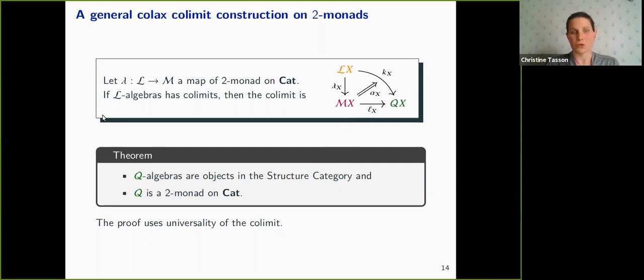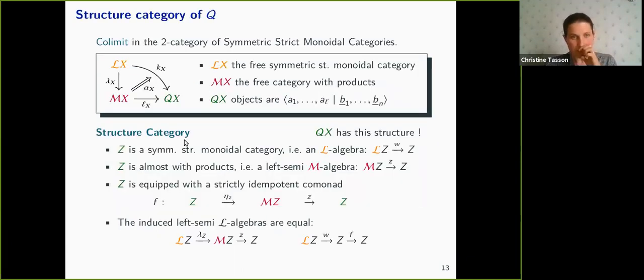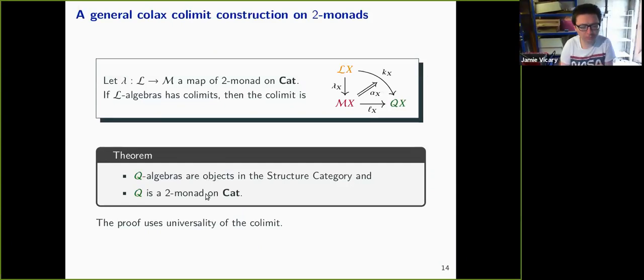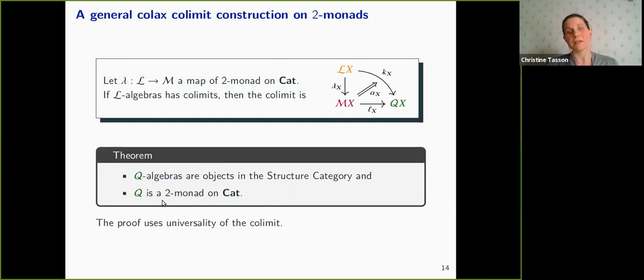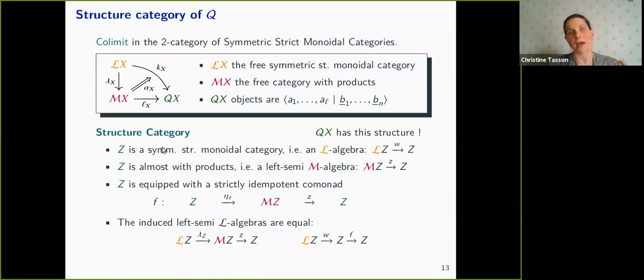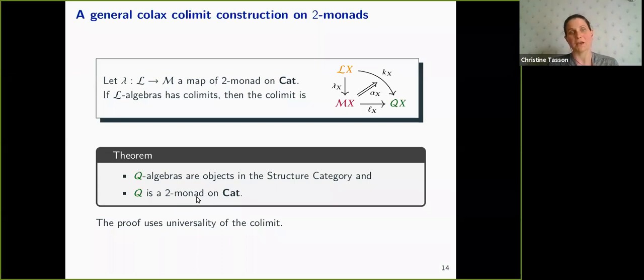So the role in the proof here is I have several steps. The first thing is to prove that QX is a structure category. Then I have to prove that Q is a 2-monad.